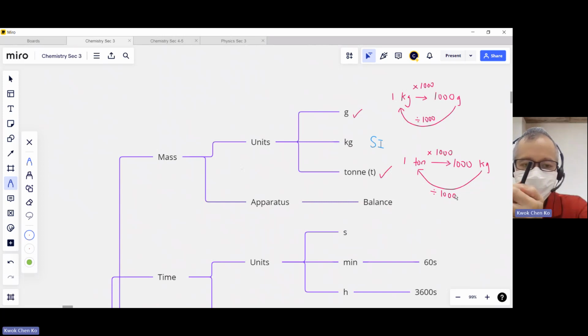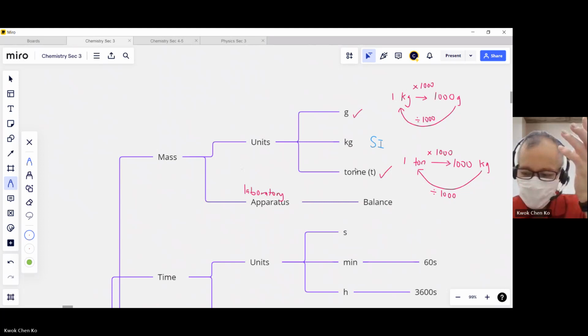Now, of course, to measure this mass, we are looking at the chemical laboratory. Now, let's try to keep our scope narrow. So basically for chemistry, not just for these measurements, but also for reactions, reaction conditions, we are restricting ourselves to the chemical laboratory.